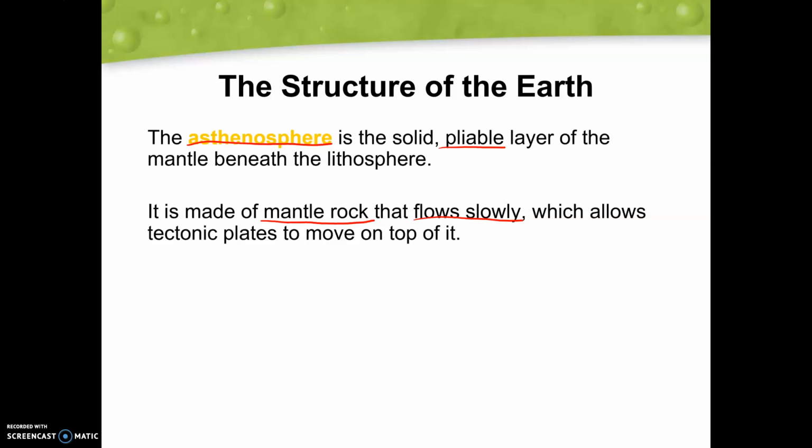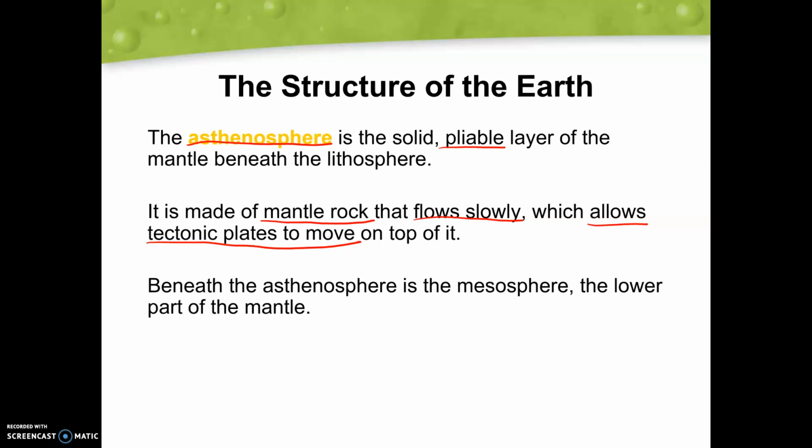It is a solid, but there is some movement underneath in our asthenosphere, which is going to allow plate tectonics to move, which is going to be really, really important when we talk about the importance of that movement that we see on Earth. So beneath the asthenosphere is the mesosphere, and it's the lower part of our mantle.